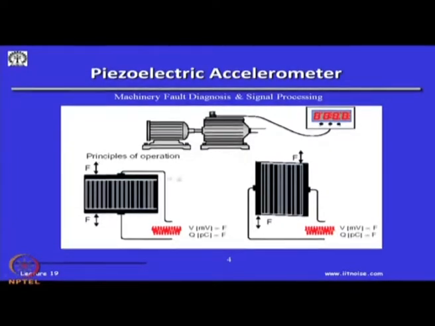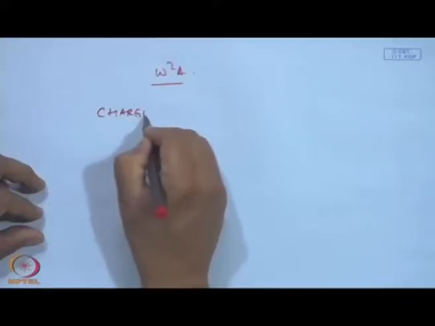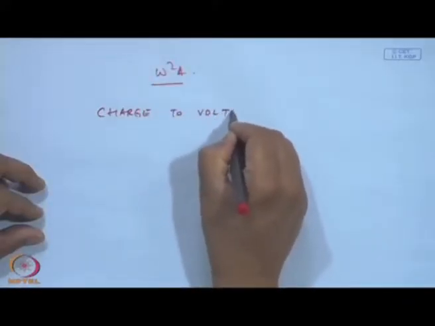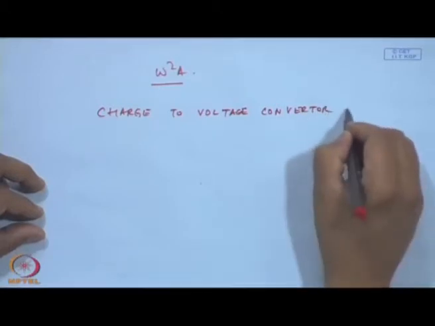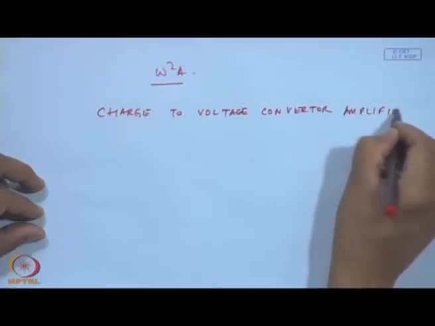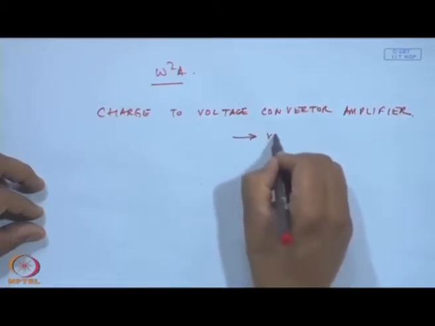Essentially, if I put piezoelectric crystals in this form, and either compress them or shear them, they are going to generate a force, and this force is responsible for generating the charge Q, and this charge could be converted to a voltage with a suitable charge to voltage converter amplifier, and basically I will get the voltage signal.